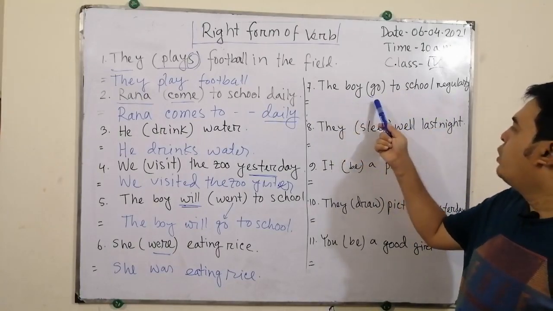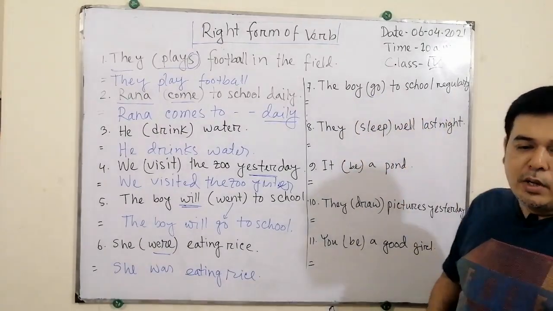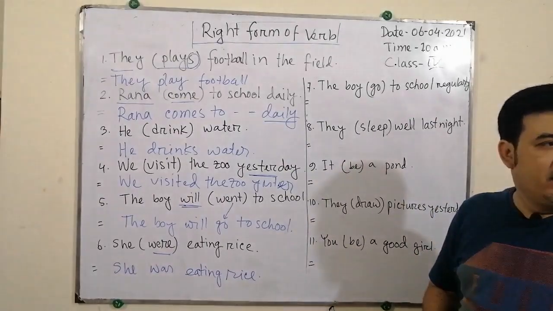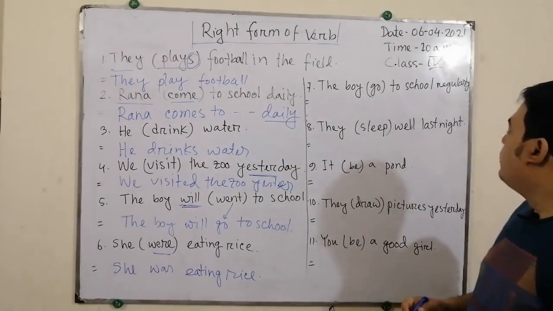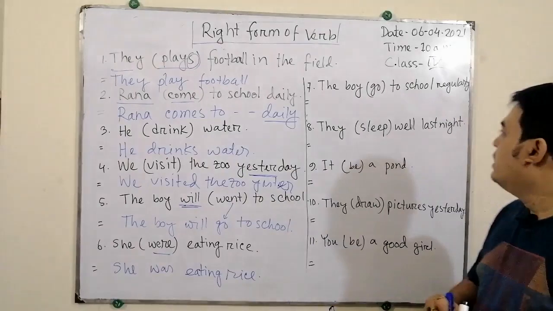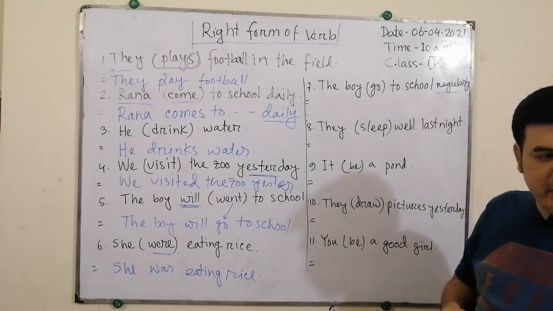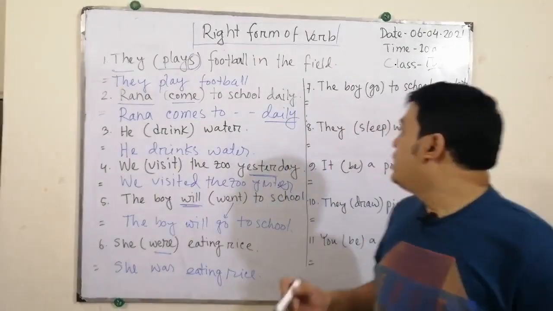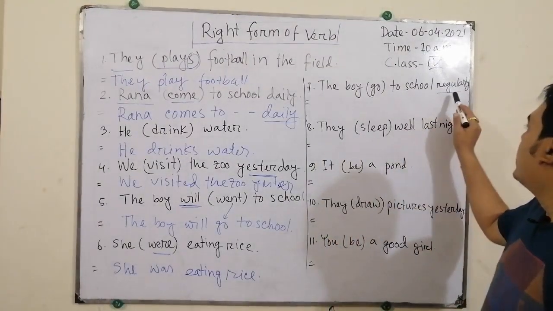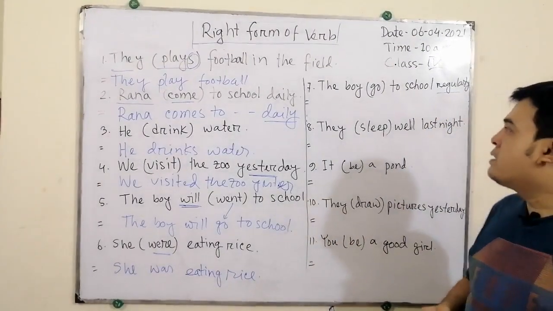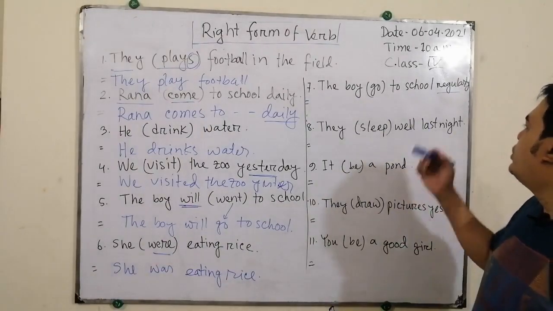The boy go to school regularly. So what is the indicator here? The indicator is regularly because it shows the activities. So dear students, here the fact is regularly. So as the fact is regularly, what should we do?